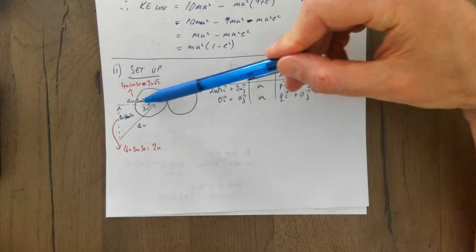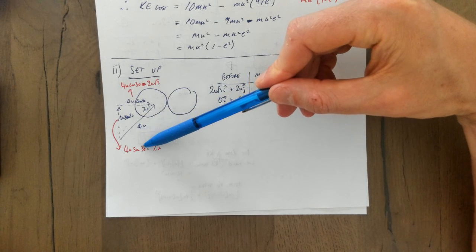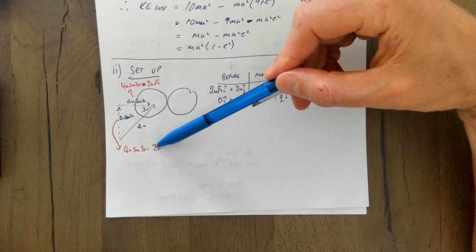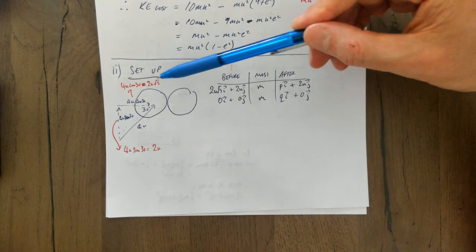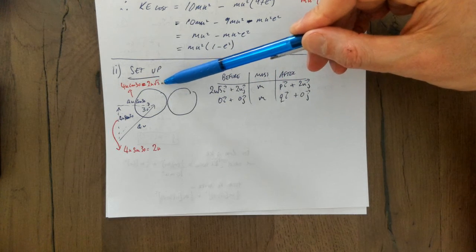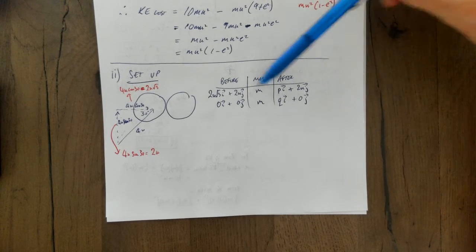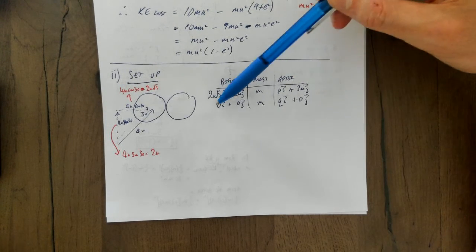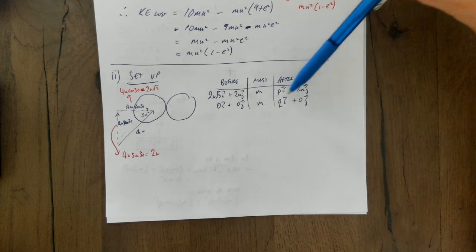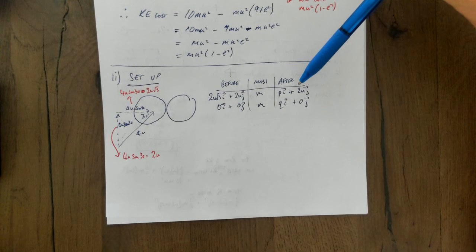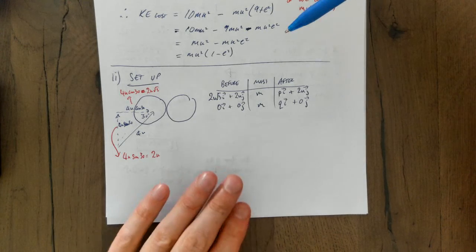So that's 4u sine 30 on the vertical, which is 2u, and 4u cos 30 on the horizontal, which is 2u root 3. Okay, so I'll put that in here. We know the j component doesn't change. The other ball is stationary. Okay, so that's our setup. Try and follow the same method as we did the first part, okay, to finish that off.